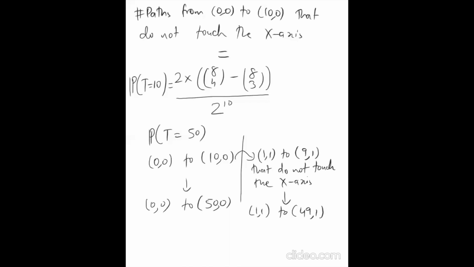Because on the 49th step you want to be at 1, right? So that's what it would change to, and for this problem you can apply the reflection principle and get the answer. And again, you could just as well do it for 100, or as we saw, any even number. It just cannot be an odd number, right?